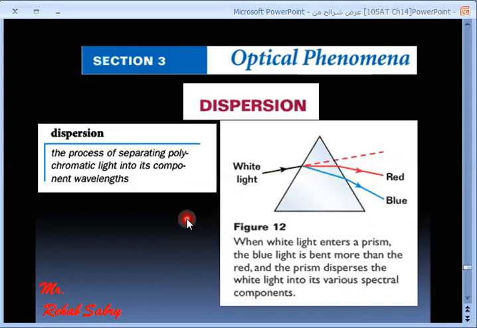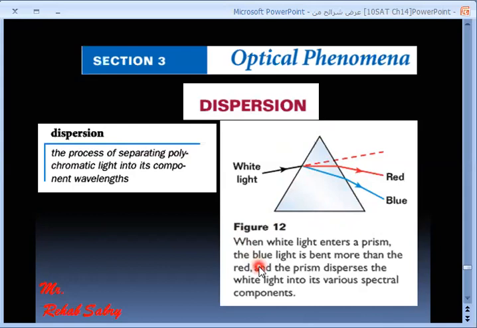The third optical phenomenon is dispersion. We talked about dispersion in detail last term, but we will explain it again. Dispersion is the process of separating polychromatic light, like sunlight, into its component wavelengths. What is the reason for this dispersion?